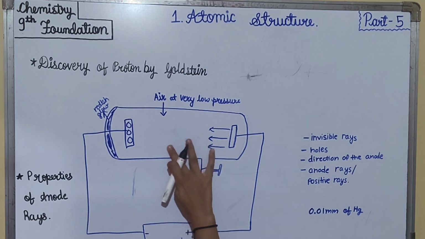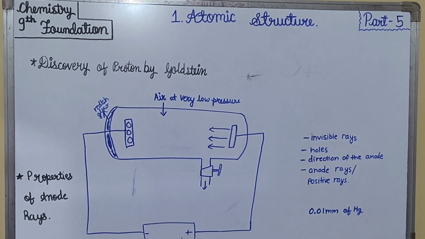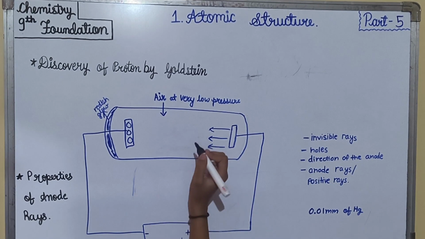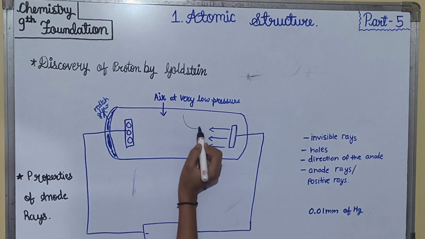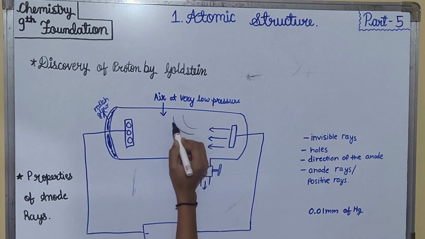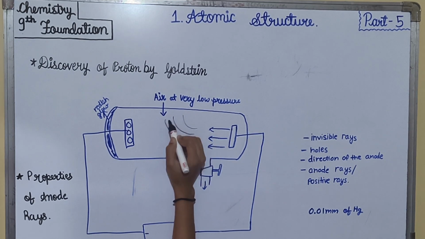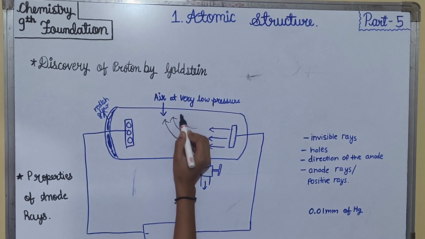After that, the third activity was anode rays were passed through an electric field.